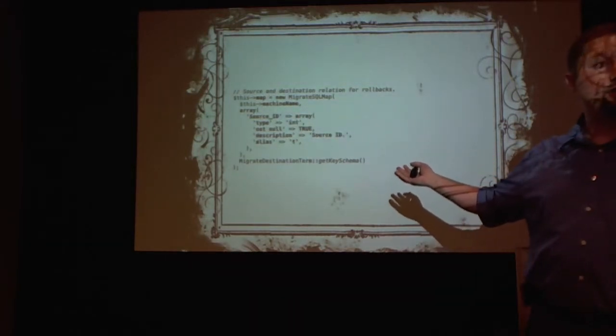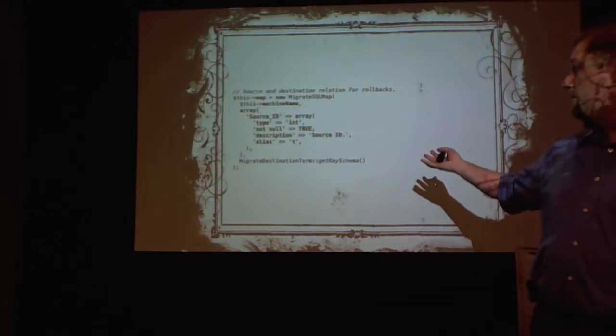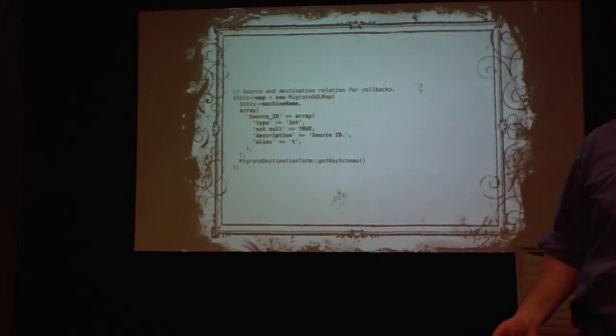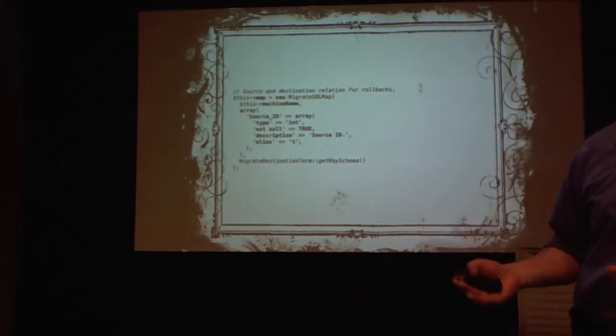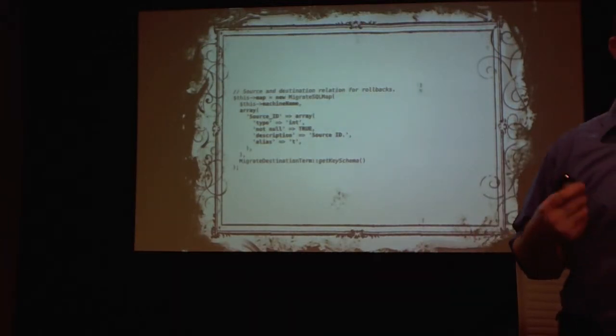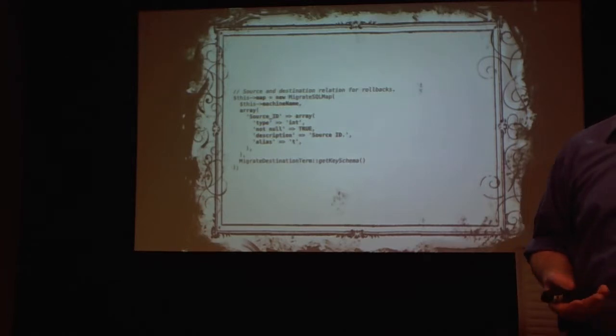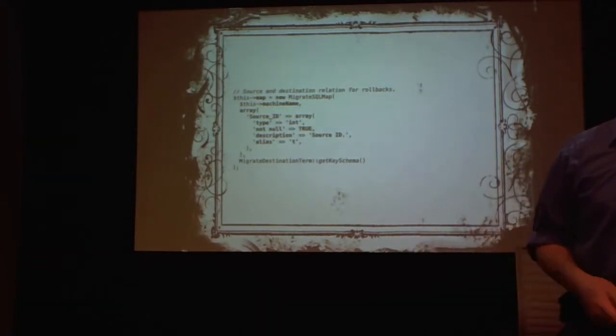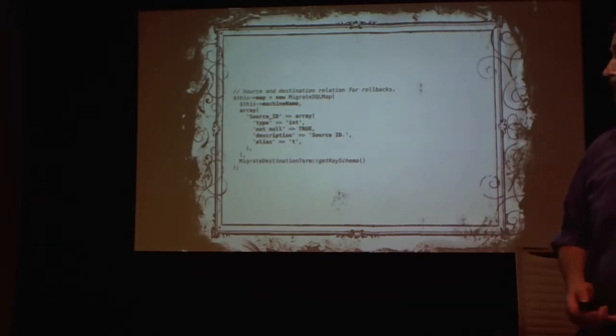If you're migrating into a taxonomy term, you would use the migration destination term get key schema off of that object. So it's kind of repetitive. A lot of these same features are across all the destination objects, and they follow an interface. If you write your own destination object, you will implement a static method called get key schema, which will then allow the map to read it.